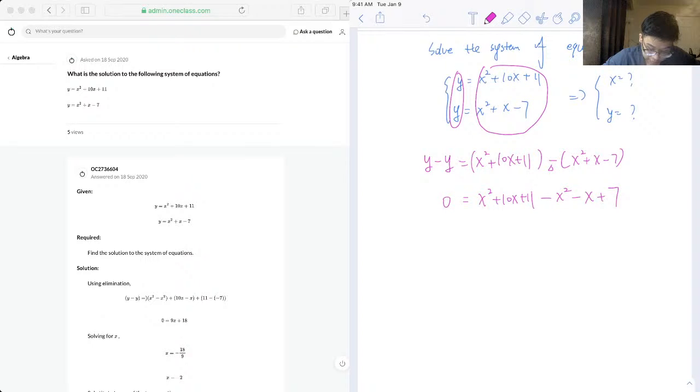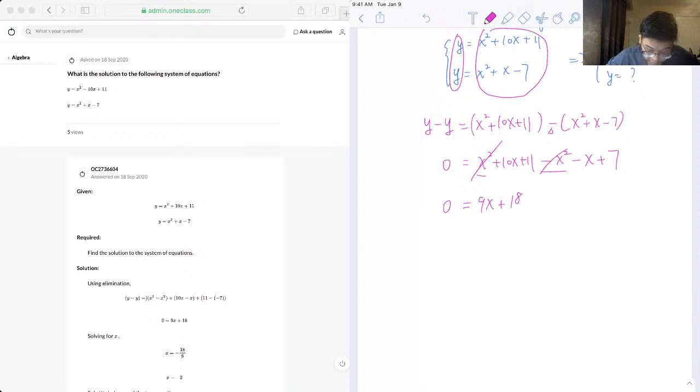As you can see, we have a positive x squared and a negative x squared, so we can get rid of that. So we only have 0 is equal to 10x minus x, which is 9x, plus 11 plus 7, that'll be plus 18 total.